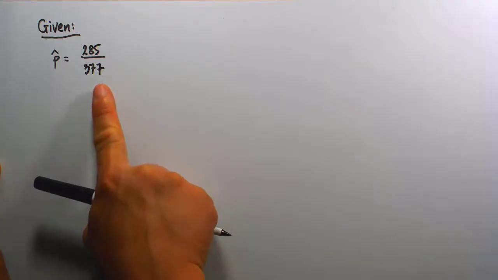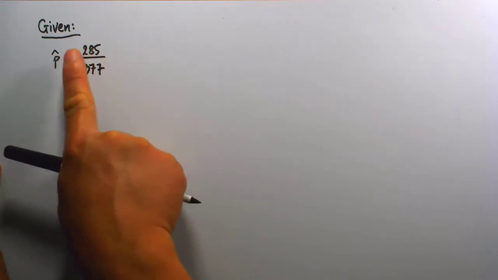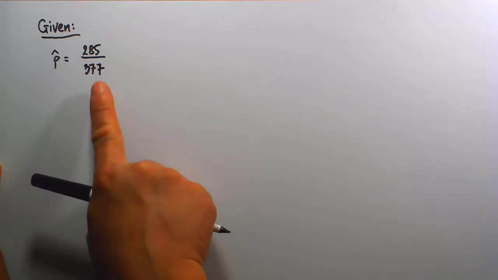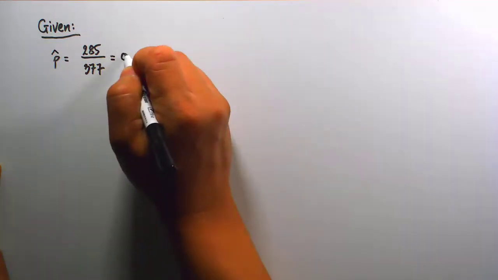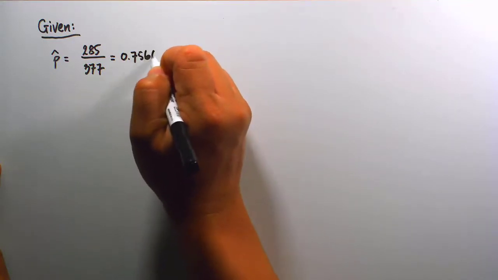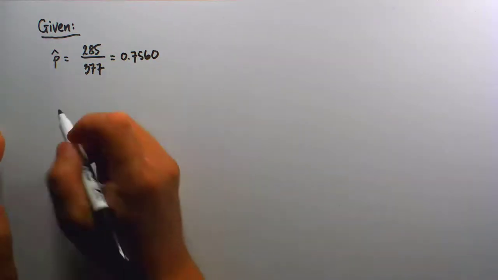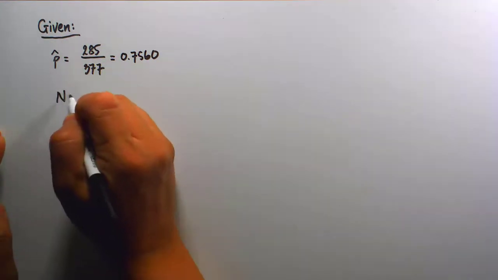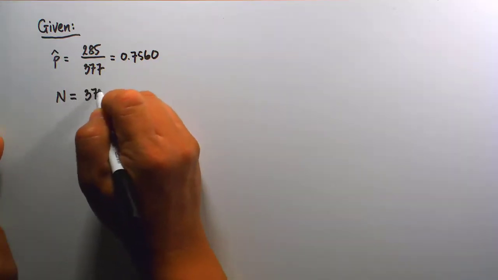And now we actually realize that this is the exact same sample proportion we had in our part A previously. The decimal value comes out in 4 decimal places to be 0.7560. And the sample size from this sample is 377.